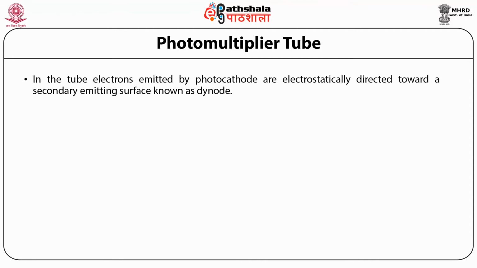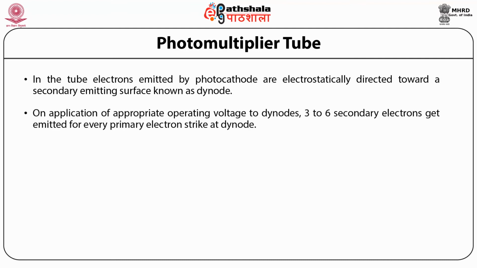In the tube, electrons emitted by the photocathode are electrostatically directed toward a secondary emitting surface known as a dynode. On application of appropriate operating voltage to the dynodes, 3 to 6 secondary electrons get emitted for every primary electron striking at the dynode.